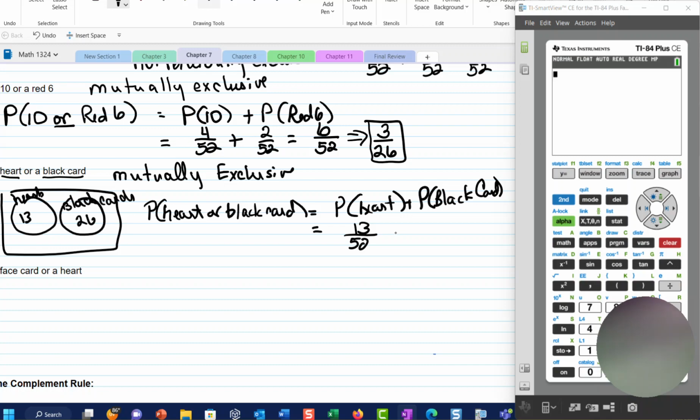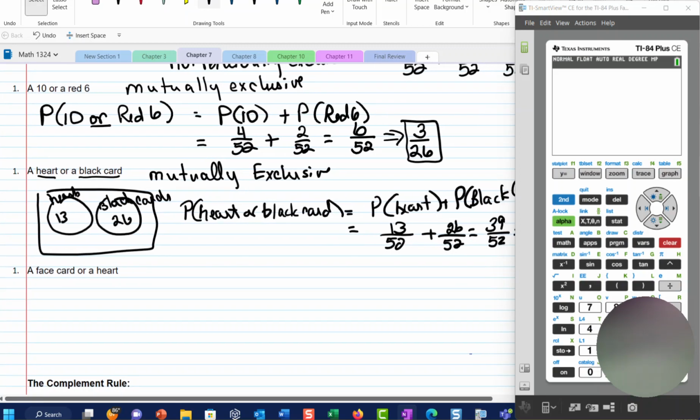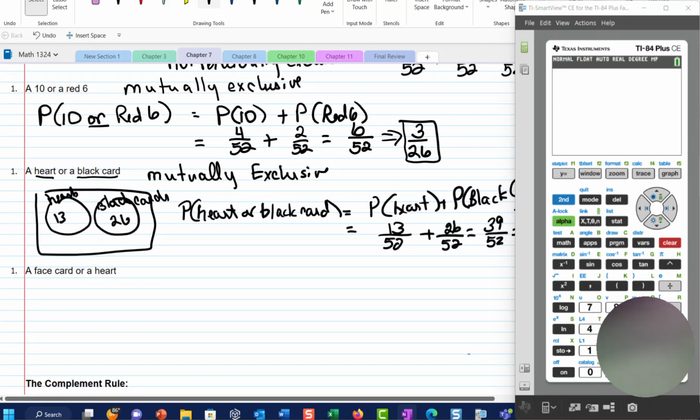Or means to add, and black cards are 26 out of the 52. So this gives me 39 out of the 52. All right, so that gives me 3/4. It's very likely we would get that in a probability of drawing either a heart or a black card.